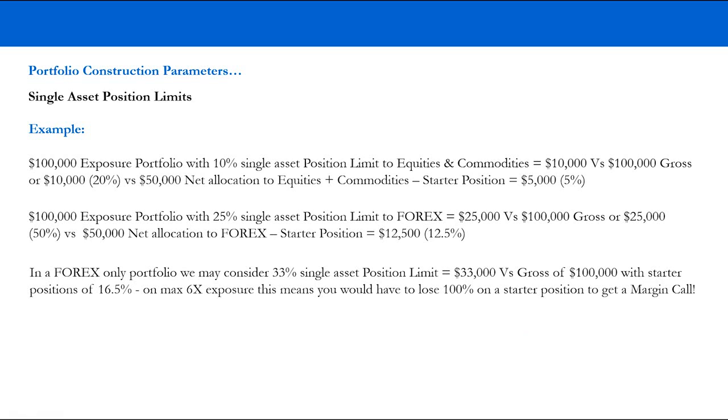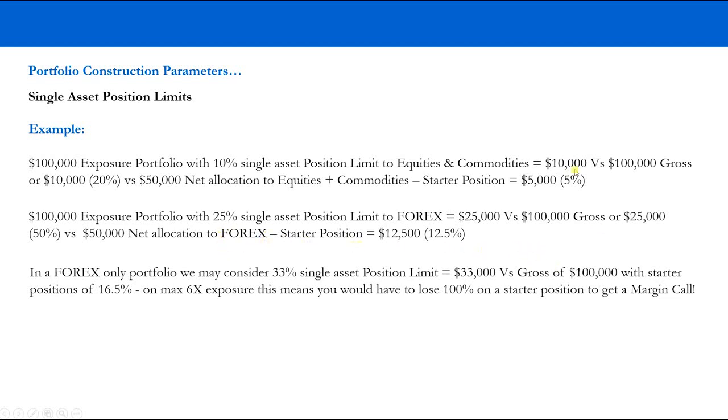If we look at the Forex portion of the portfolio, our $100,000 exposure, we can apply a 25% single asset position limit to any Forex currency pair, which means whilst we have a $100,000 gross exposure, we have a $25,000 position limit on any Forex pair, which is 50% of our net allocation, the $50,000, to the Forex asset class.